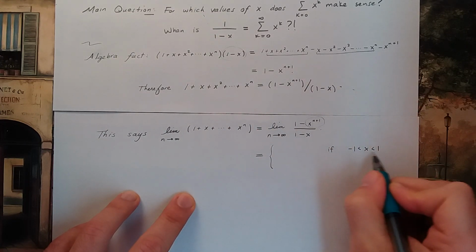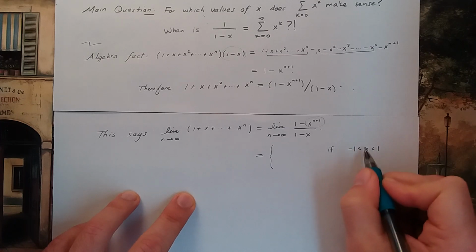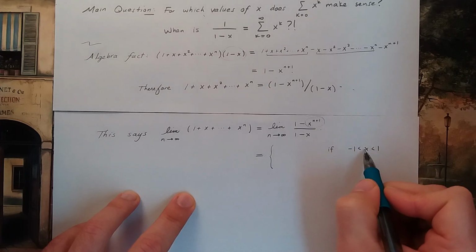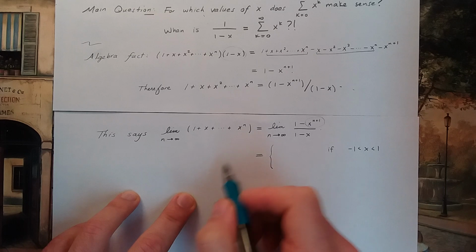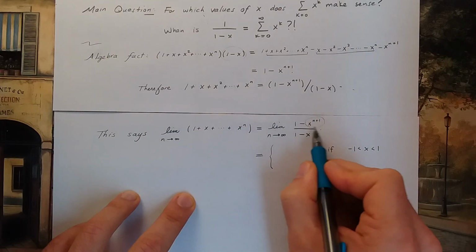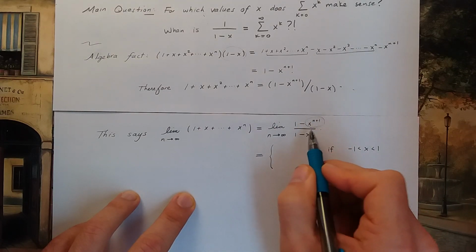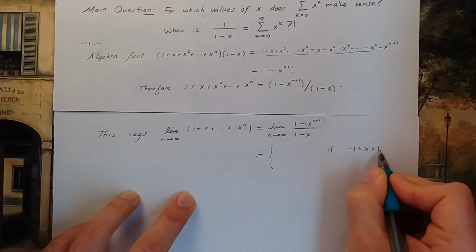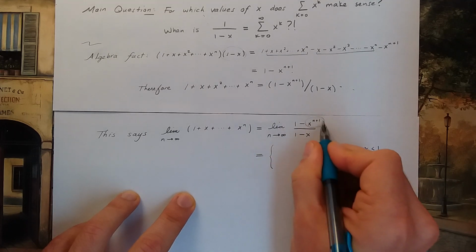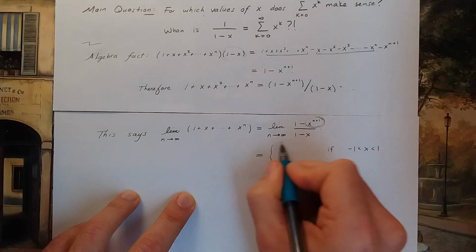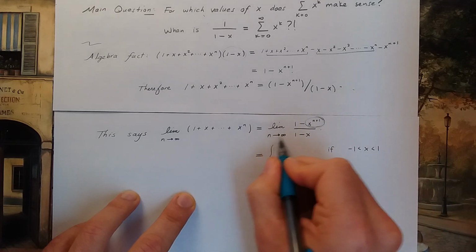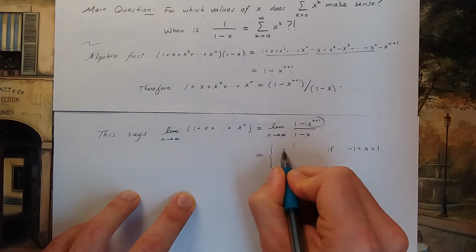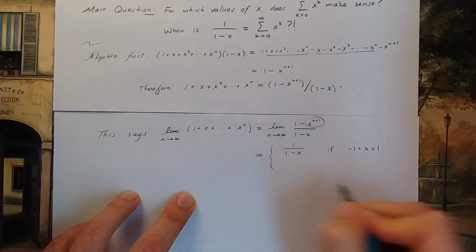So if x is in between negative 1 and 1, and you raise x to a power, things get smaller. In that case, this term will have limit 0. So if x is in between negative 1 and 1, this power of x to the n plus 1 term goes away in the limit. The limit of that term is 0, and I get 1 over 1 minus x.